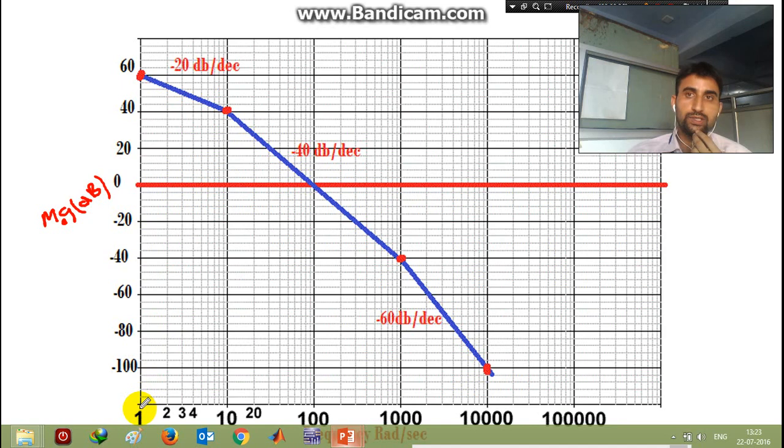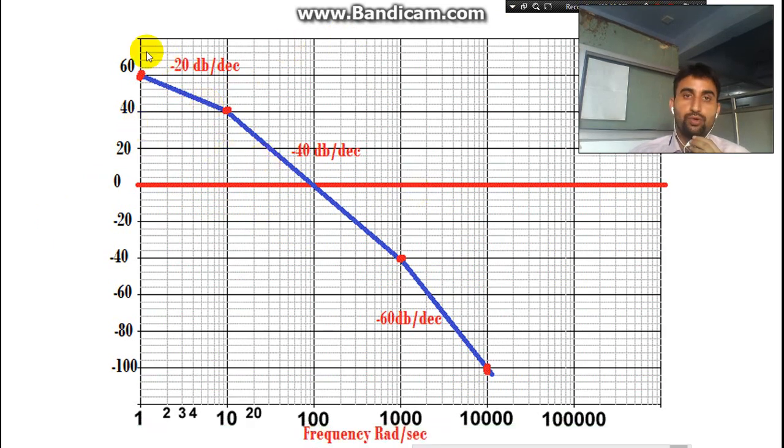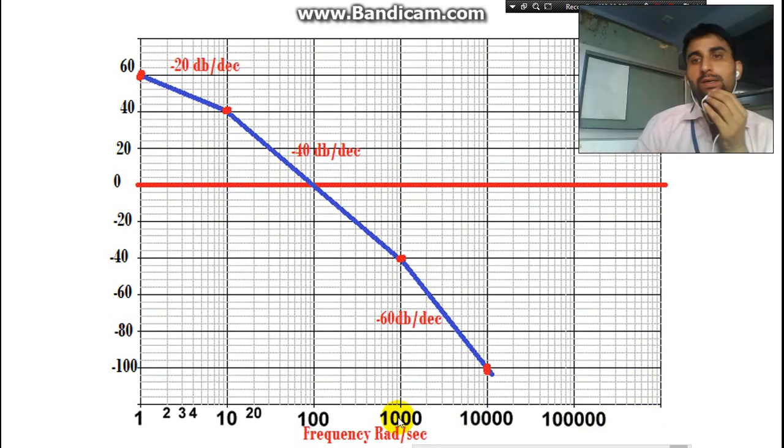At each corner frequency, just put the magnitude you have got and make it to scale, and you will find your magnitude plot of the Bode plot. Now in the next slide we'll discuss the phase plot, and we'll draw the phase plot in the same graph, and then our complete Bode graph will be over. Hopefully you have understood this concept of drawing the Bode plot.